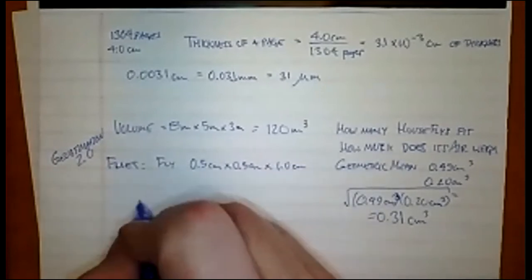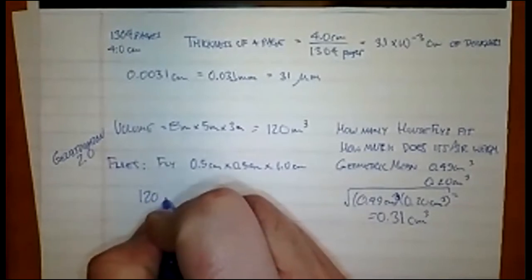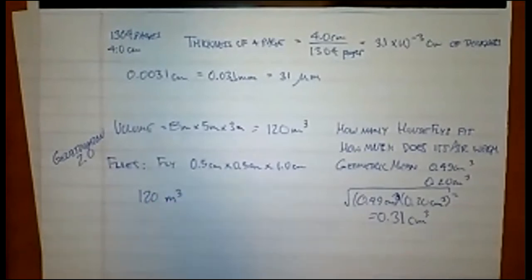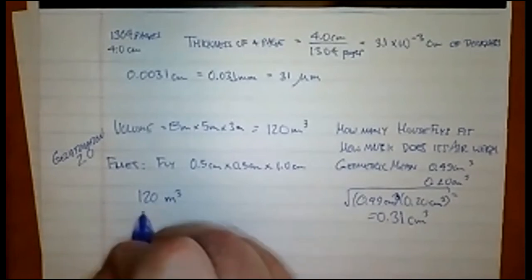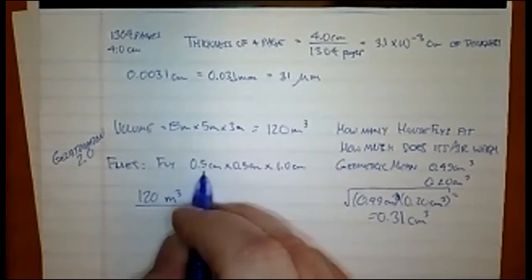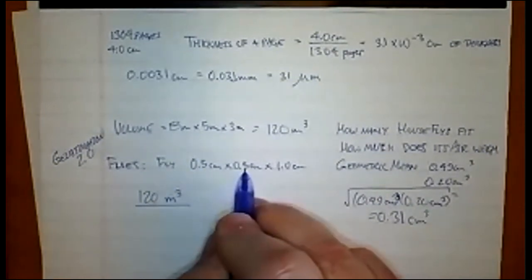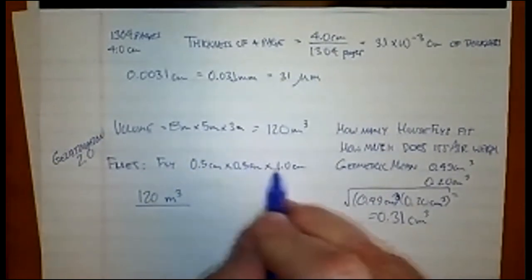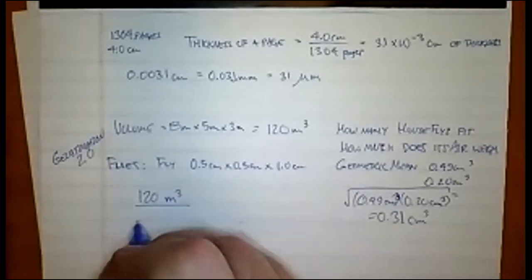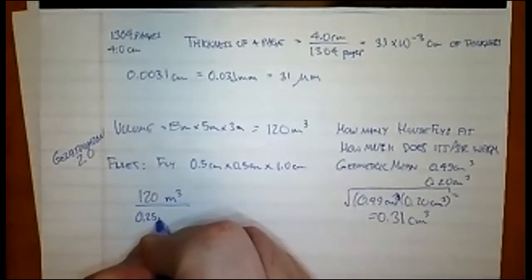I know my room is 120 cubic meters. And I want to divide it by the volume of this fly, which is 1/2 times 1/2, which would be 0.25, times 1, which is 0.25 cubic centimeters.